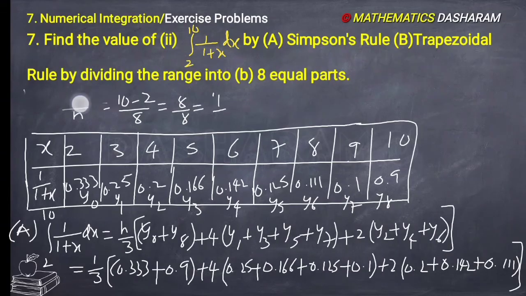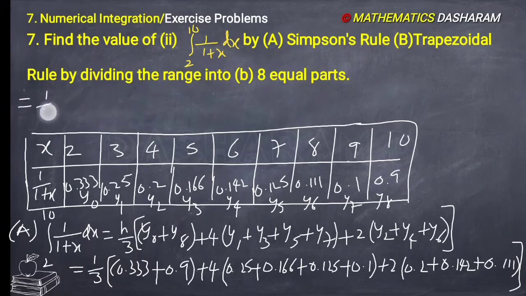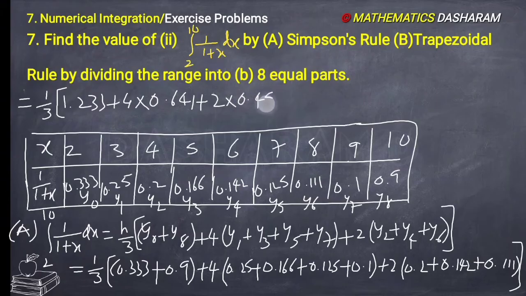So let's simplify this. It is equal to 1 by 3 bracket of 0.333 plus 0.9 is 1.233 plus 4 into, here it is 0.641, plus 2 into 0.453.